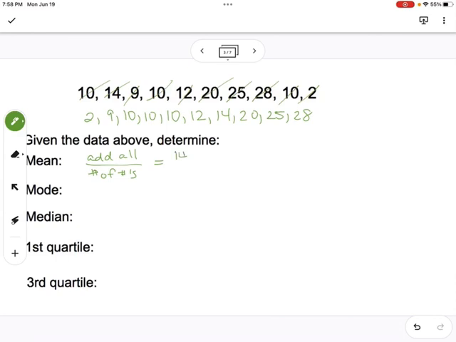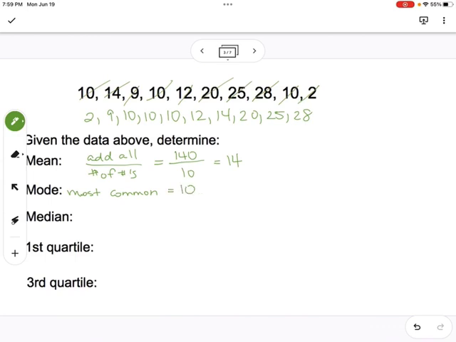When we add those together, we get 140, and that's divided by our number of numbers, so that's 10. So we get a mean of 14. Okay. Our mode is our most common. What we have most common is our tens. There's 3 of those. There's not the same amount or more of anything else. So our mode is 10.